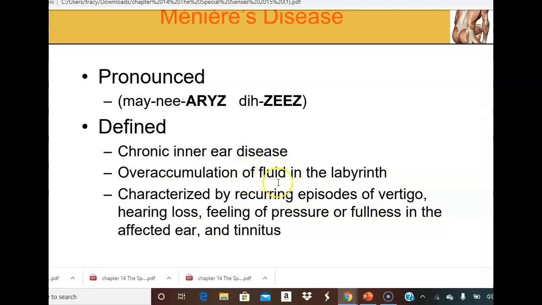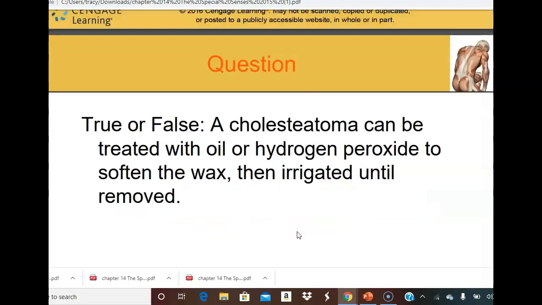Because we're dealing with an overproduction of fluid in the labyrinth and/or the cochlea, we will get episodes of vertigo, which is intense spinning, hearing loss, they can't hear, they'll have a feeling of pressure or fullness, and then they can also have tinnitus, which is ear ringing. So it's a combination of spinning, ringing, I can't hear, and it feels full. Once again, not everybody's going to have all of those. They'll be in different degrees, and sometimes the ear ringing will come and go, but it can be a very significant issue to deal with.